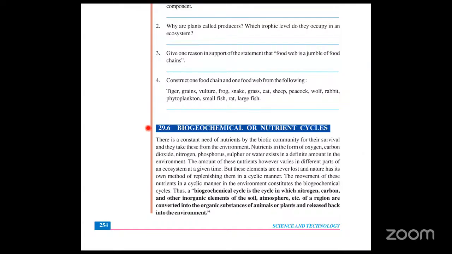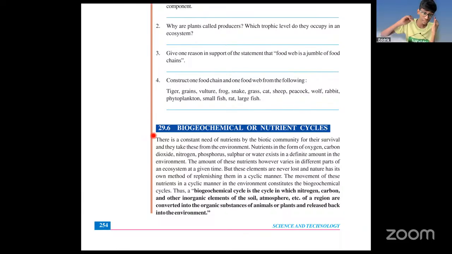Now biogeochemical or nutrient cycle. Can you read this, Edric? 29.6 Biogeochemical or nutrient cycles. There is a constant need of nutrients by the biotic community for their survival, and they take these from the environment. Nutrients in the form of oxygen, carbon dioxide, nitrogen, phosphorus, sulfur, or water exist in a definite amount in the environment.